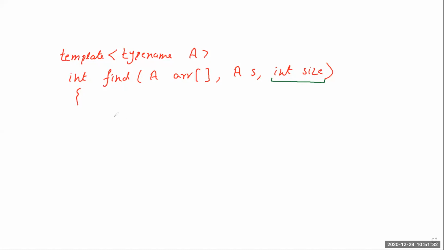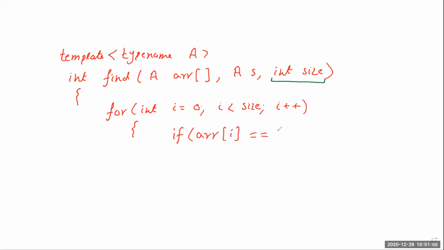Now let me write a small piece of code, and then we discuss what we are trying to do. We use a for loop, i less than size. This is why we needed size, i plus plus. Now what are we doing in the for loop? We say if array at i equals s.